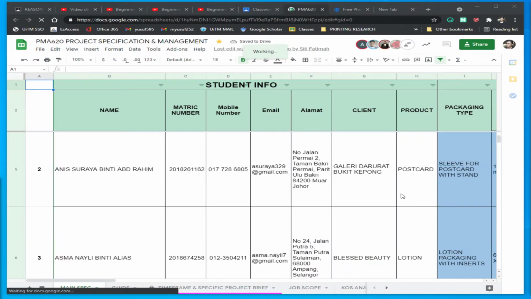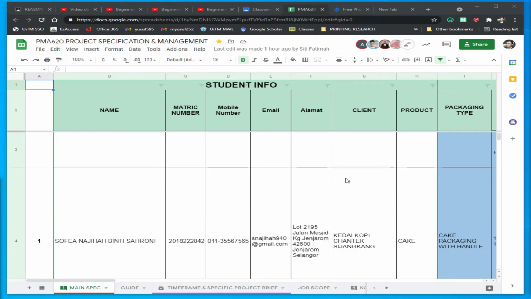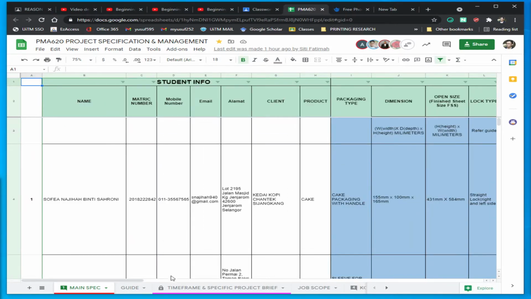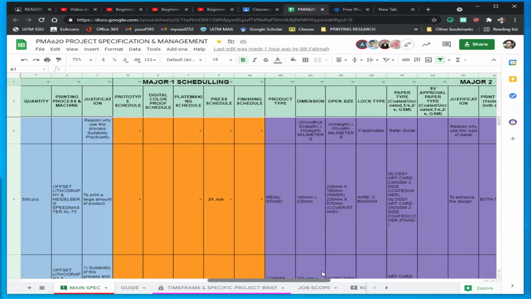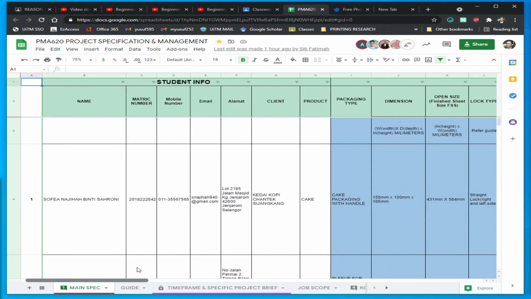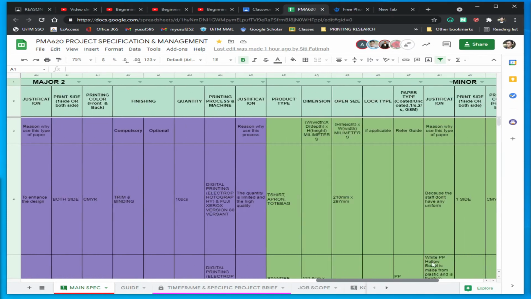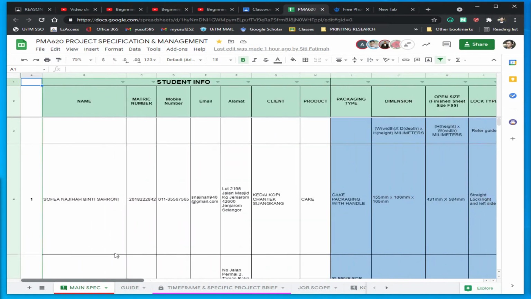Okay, we have developed this template, which contains all the necessary information about our project. So this will be our common documents.